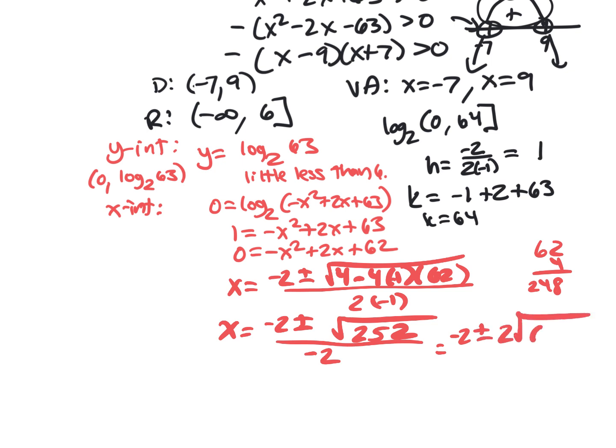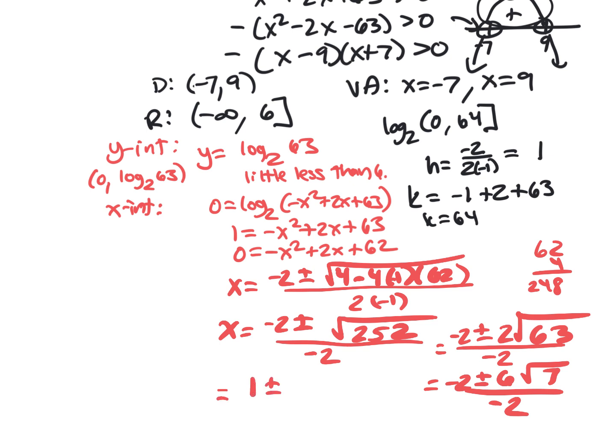So we've got 63. Something else can come out of there, so then I can also take a 9 out. So it's negative 2 plus or minus 6 root 7 over negative 2. Or in other words, this is equal to 1 plus or minus 3 root 7.